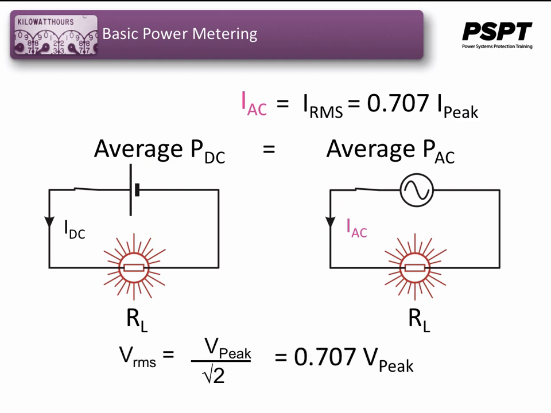Using the RMS current and the load resistance, the average power can be calculated by using the formula P is equal to I squared R. Similarly, we can define the RMS value for voltage, which is 0.707 the peak voltage for AC voltage.